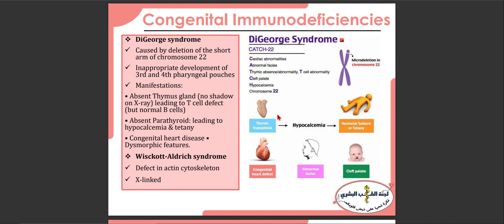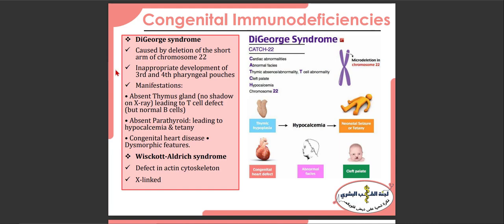So we have thymic hypoplasia. Thymic hypoplasia will induce hypocalcemia. Hypocalcemia will induce neonatal seizure or tetany. زي ما بتعرفوا, calcium is important to prevent tetany or seizures. We have also congenital heart defects and abnormal facies and cleft palates.